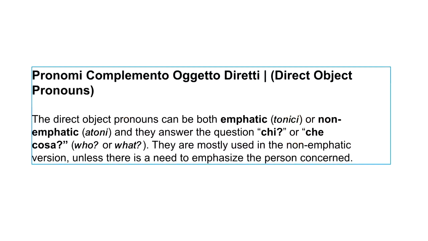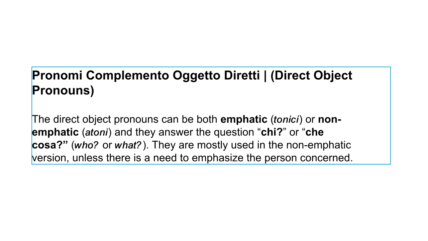Okay, now, pronomi complemento oggetto diretti. Okay, so these are direct object pronouns. And these can be emphatic, as I said before, tonici, or non-emphatic, atoni. So weak or strong, depending on the emphasis that you desire when you utter a sentence, or write a sentence.